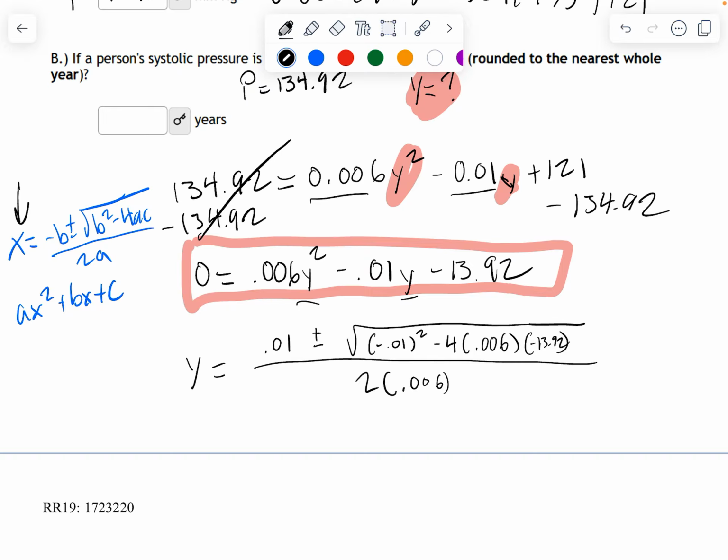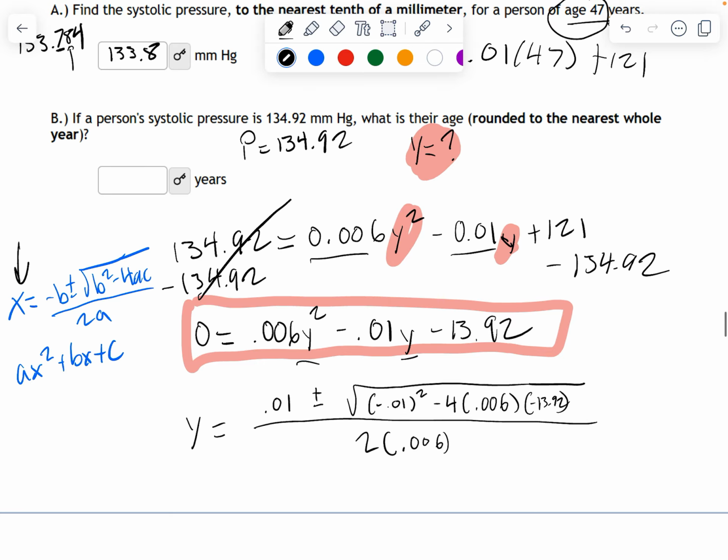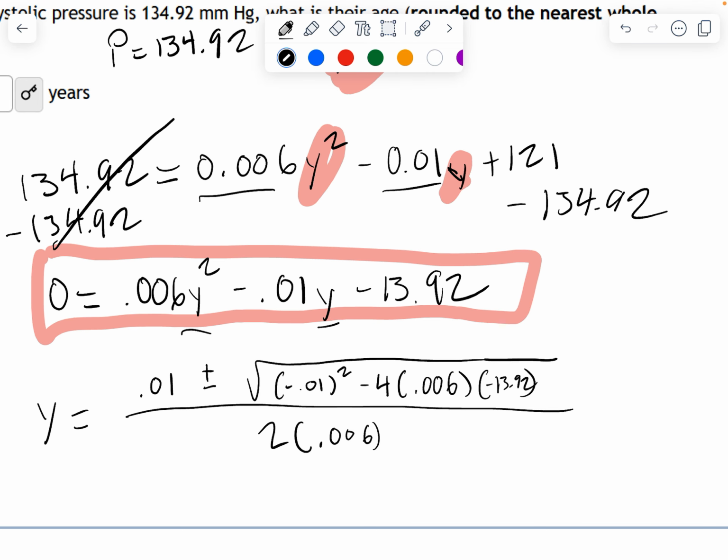All right, so when we're looking at this, it's just really calculator plug and chug at this point. Let's do the stuff inside the square root first. We have negative 0.01 squared minus 4 times 0.006 times negative 13.92. We plug all that in.